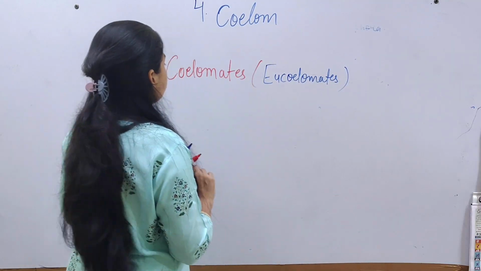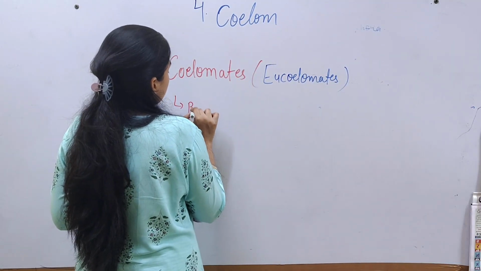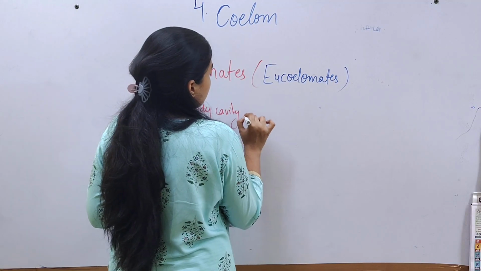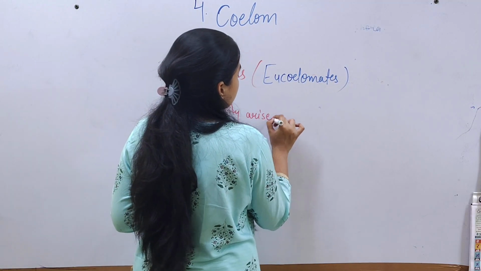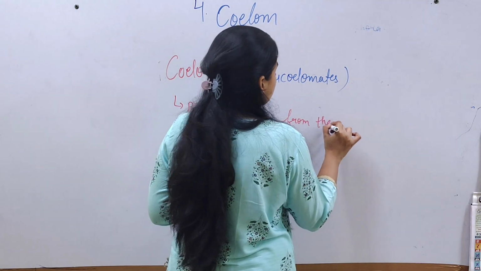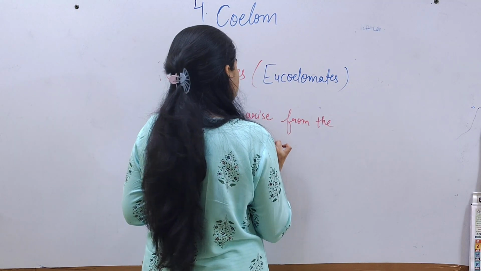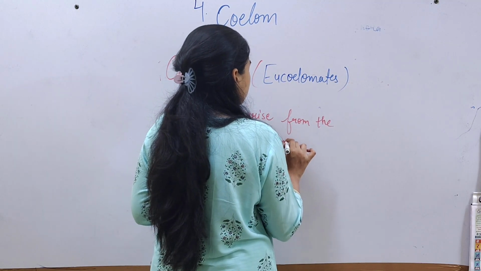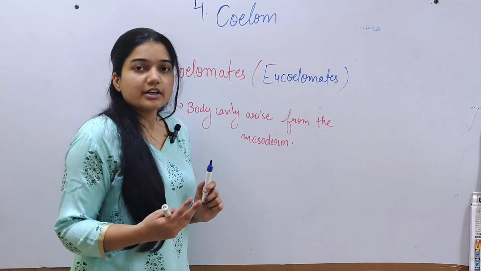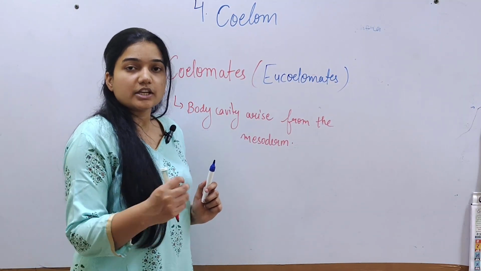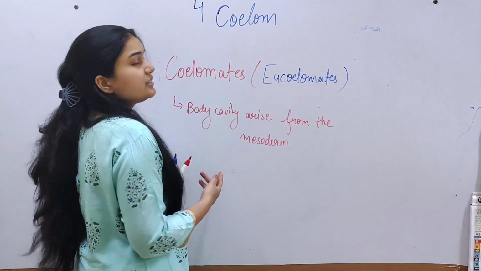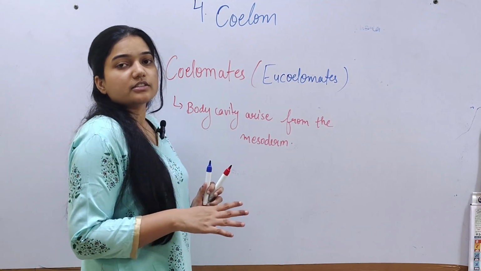Coelomates are further categorized into three parts.